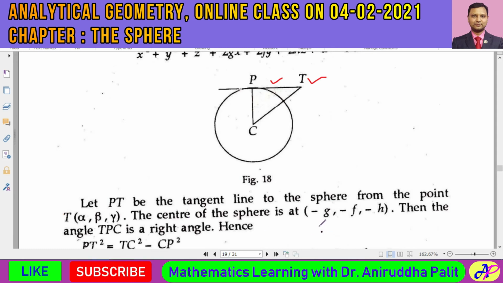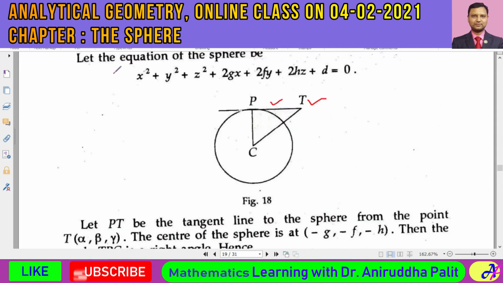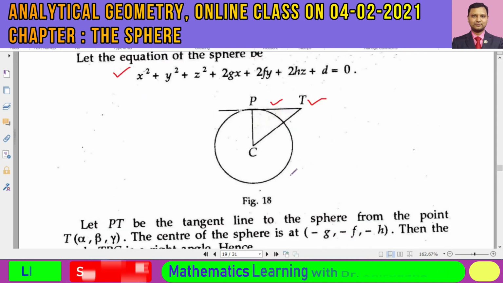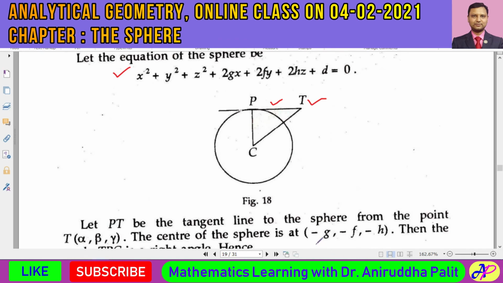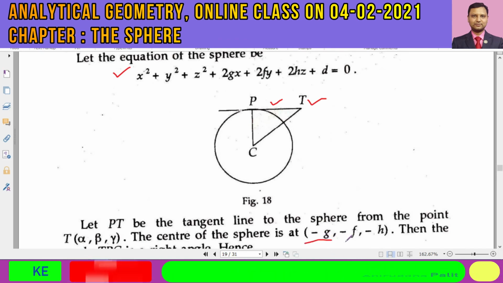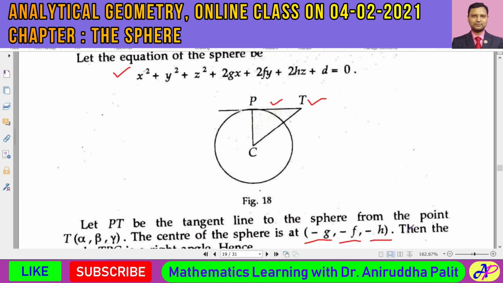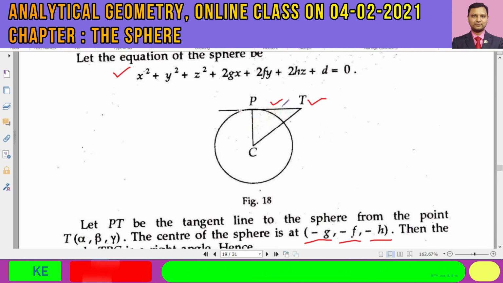Then, because this is the equation of the sphere, what would be the center of the sphere? Minus g, minus f, minus h. That would be the center of the sphere. So what would be the distance between P and T?